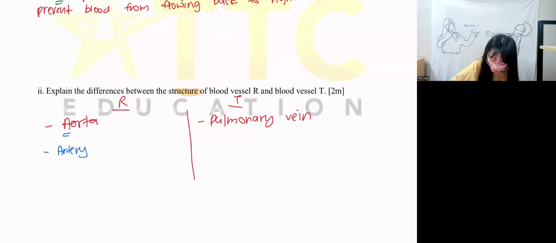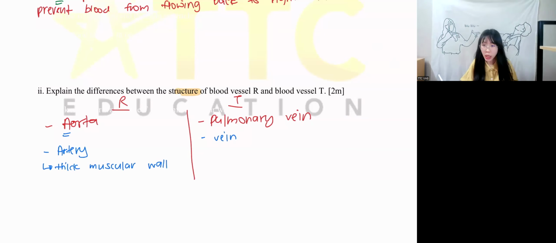And then pulmonary vein, obviously this is a vein. As an artery, do they have a thick or thin muscular wall? Of course, it's thick. Correct, guys. They have a thick muscular wall. Why do you need to have a thick muscular wall?